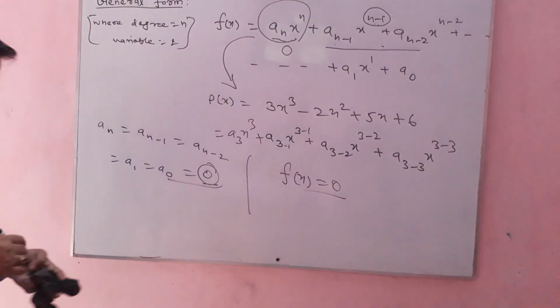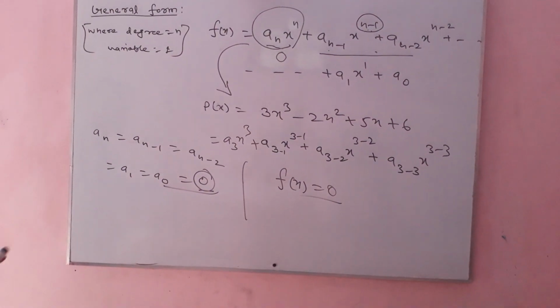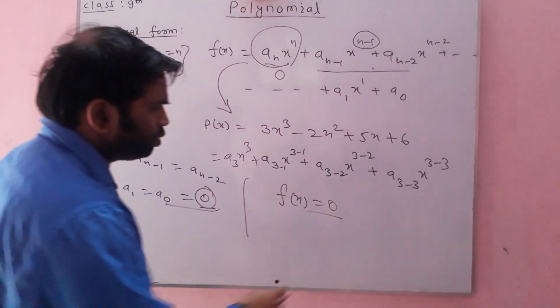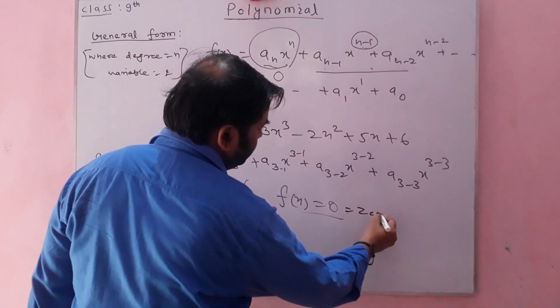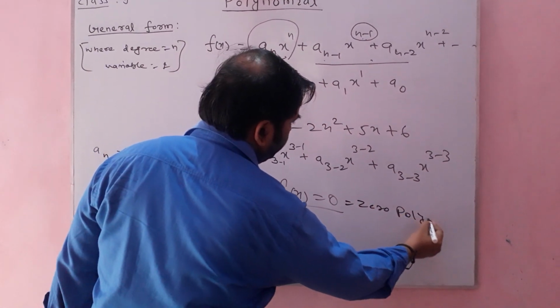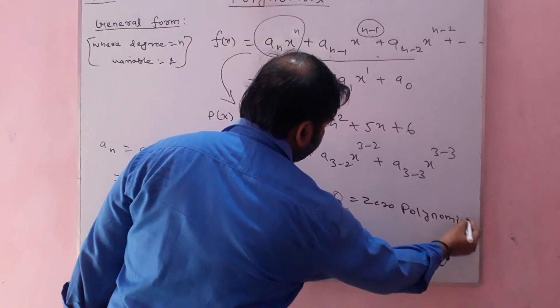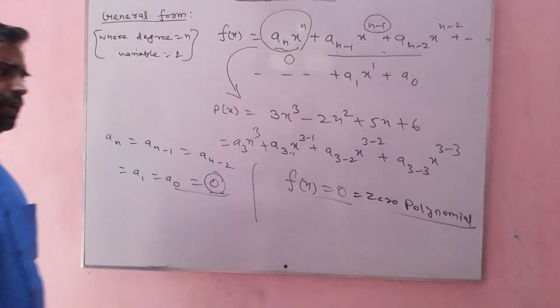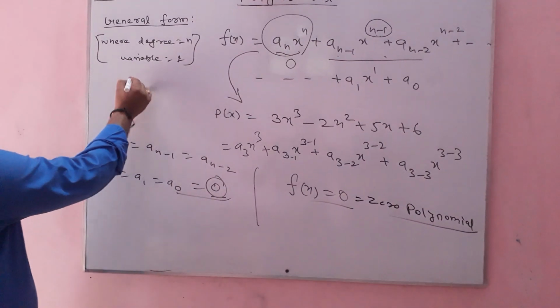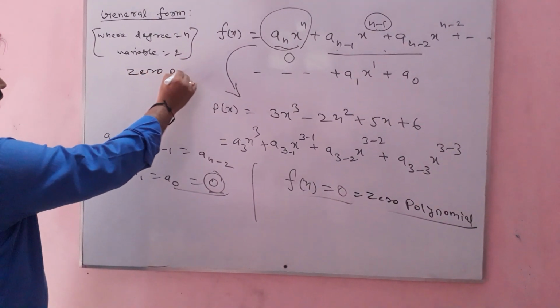What is the value of f(x) now? 0. So if f(x) is equal to 0, we can say this is the zero polynomial.